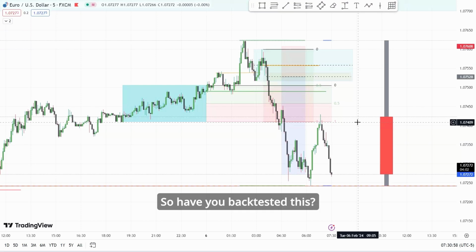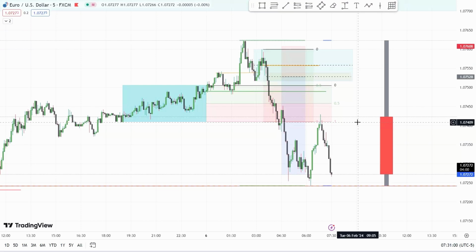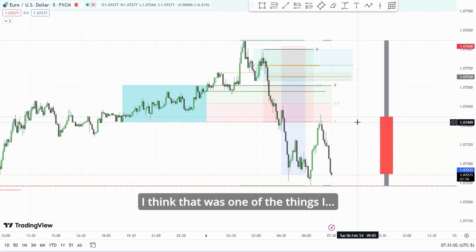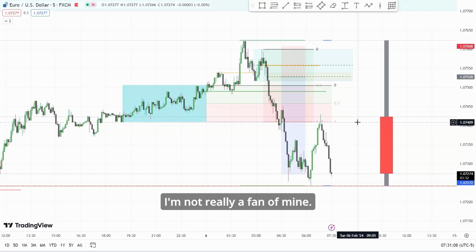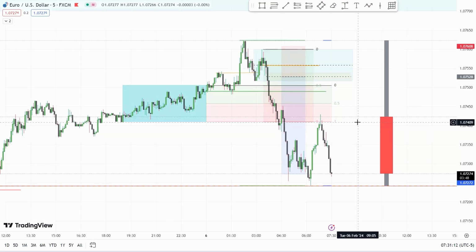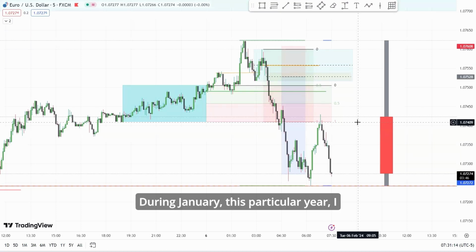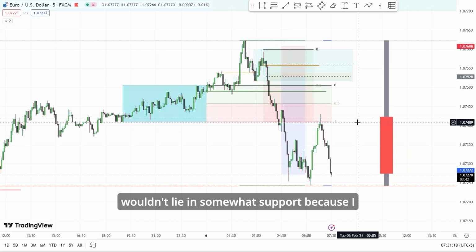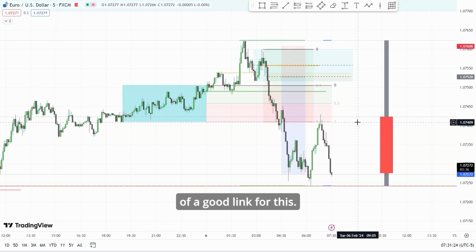So have you backtested this? I think that was one of the things. During January this particular year, I won't lie, it was somewhat small because I kind of deviated from my strategy a little bit, and it hurt me.